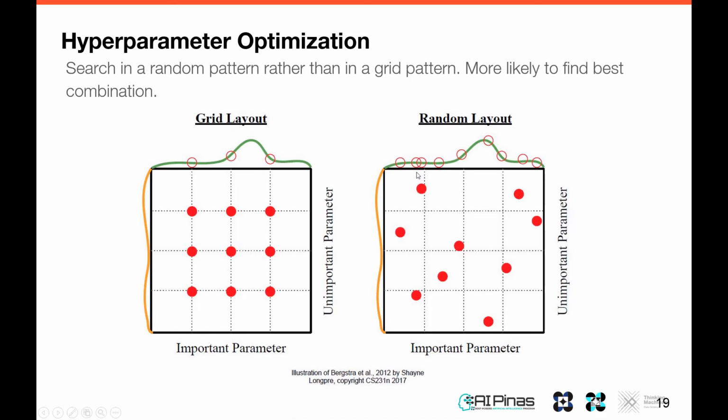So the best approach, or maybe not quite the best, but a really effective approach, is instead of using a grid layout where for every iteration you add 0.01 to your learning rate, to actually add some randomness to it. So the code here would be, for every iteration, add some random value between 0.01 and 0.05.